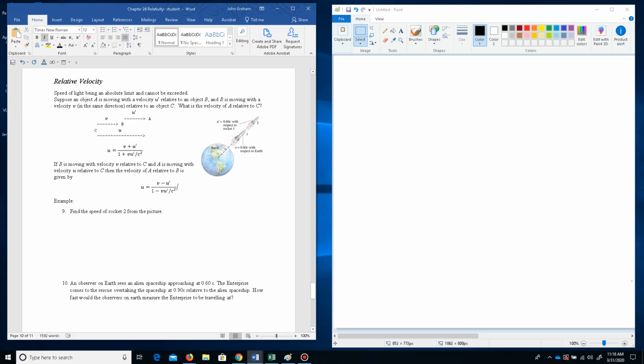And then if B is moving with v relative to C, and A is moving with velocity u relative to C, then the velocity of A relative to B is given by u equals v minus u prime over 1 minus v u prime over c squared.